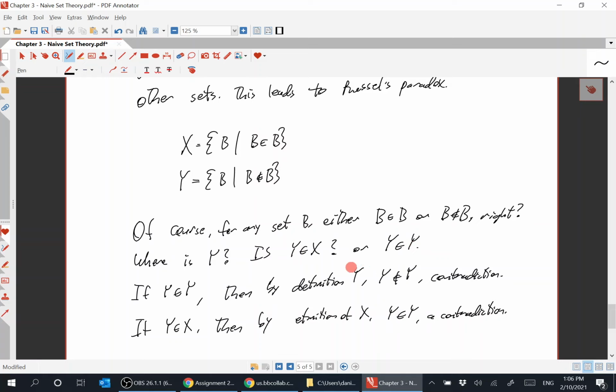If Y is in Y, then by the definition of Y, Y is not an element of Y. That's contradictory. Also, if Y is not an element of Y, then Y is in X.